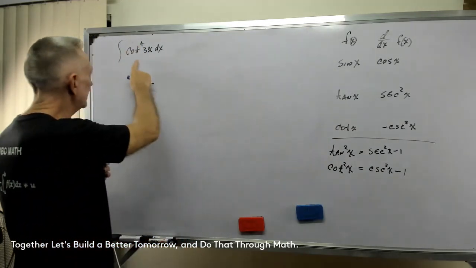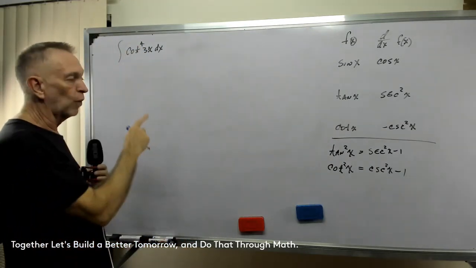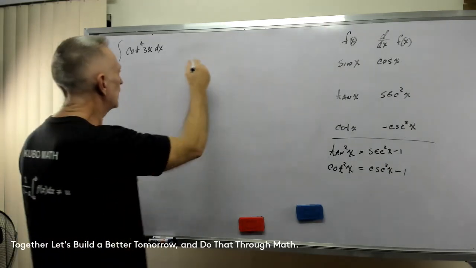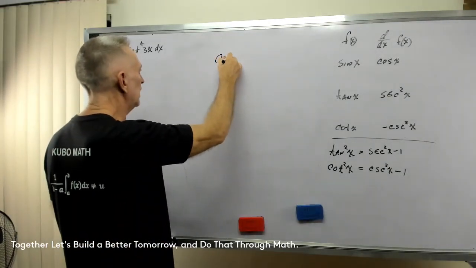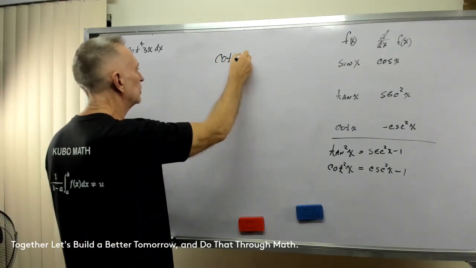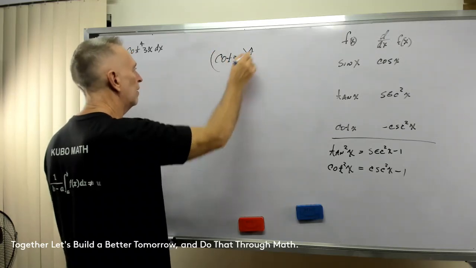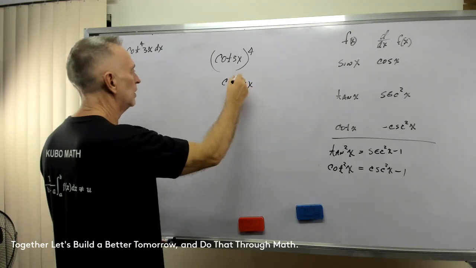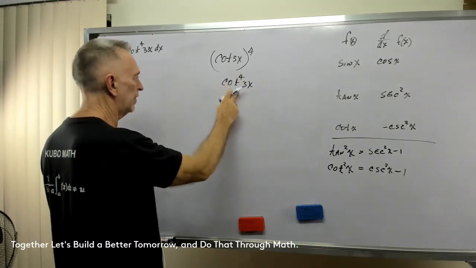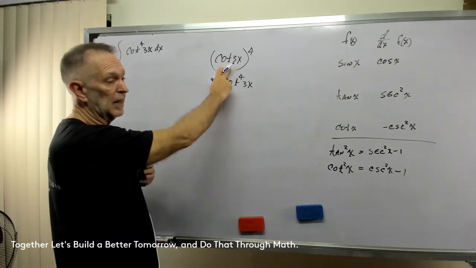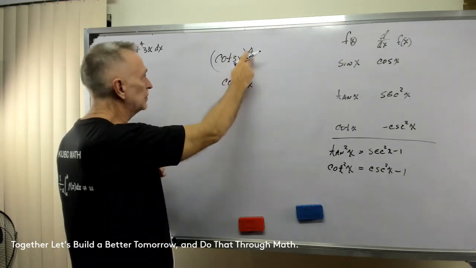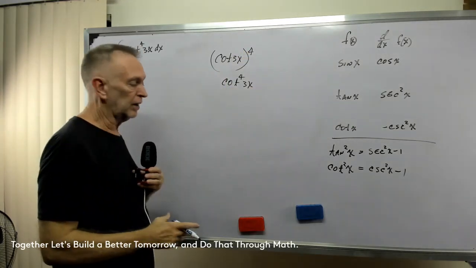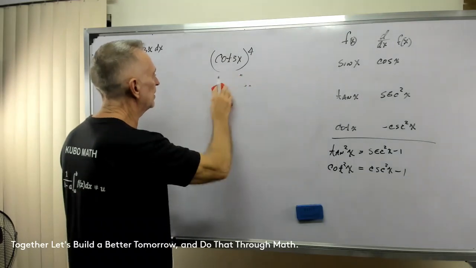So in this case, we have cotangent to the fourth power. Oh, and I should say this. That's cotangent 3x to the fourth power, but it's written as cotangent 3x to the fourth. This is the exact same as that. And sometimes I'll write it this way just for clarity, but maybe not tonight.